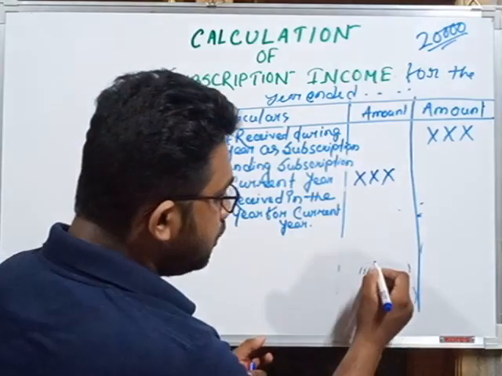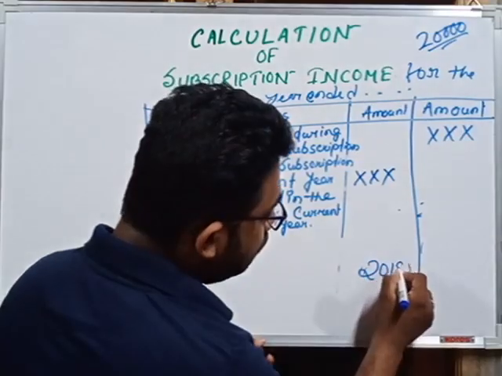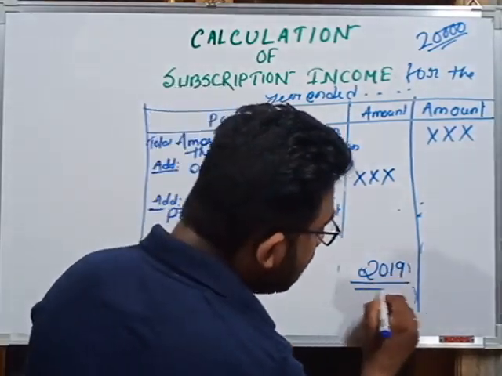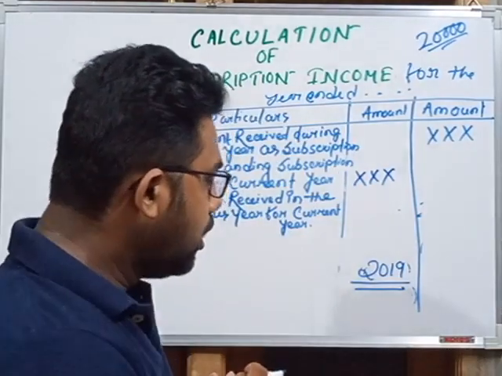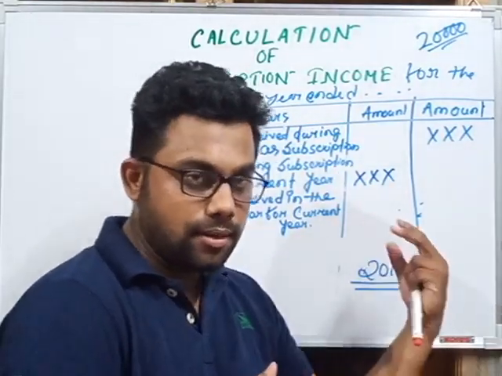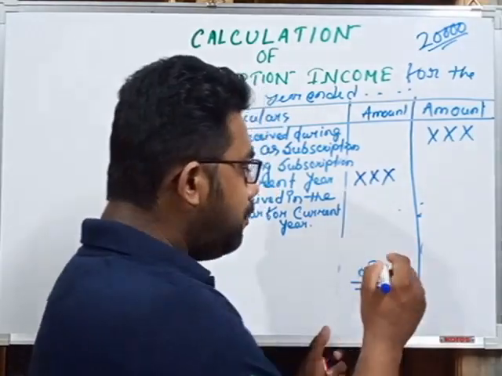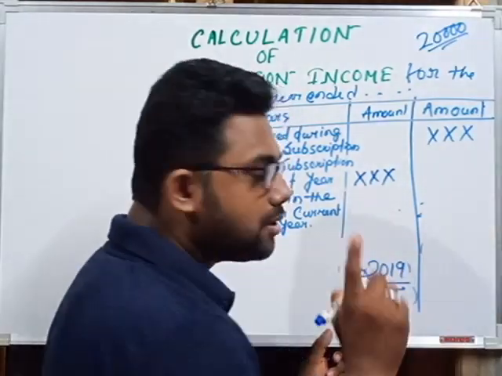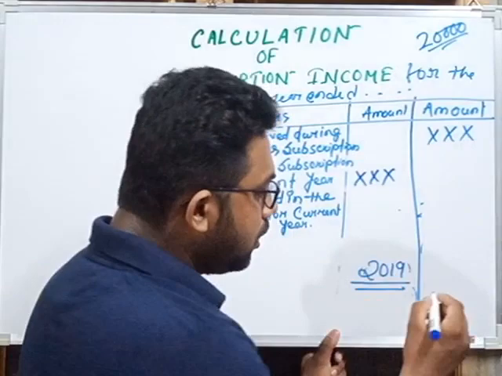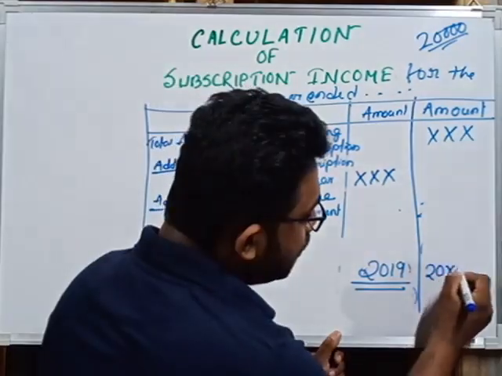Suppose we are finding out the subscription income for 2019. For example, there is a member in the non-trading organization who paid the amount of subscription; we have taken the example of 20 members at the rate of rupees 50.